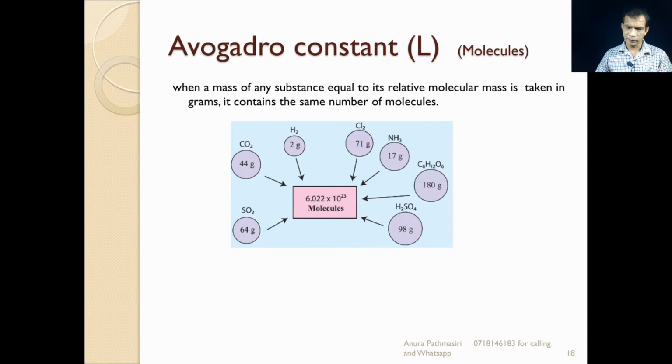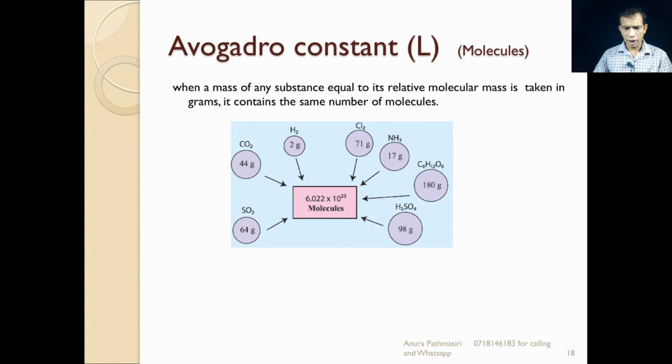If you remember, the relative molecular mass of carbon dioxide was 44, and H2O 18, I made a mistake earlier. If you take 44 gram, you have 6.022 times 10 to the power 23 carbon dioxide molecules.